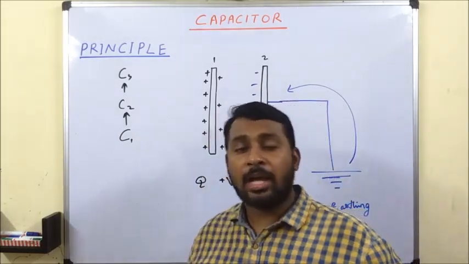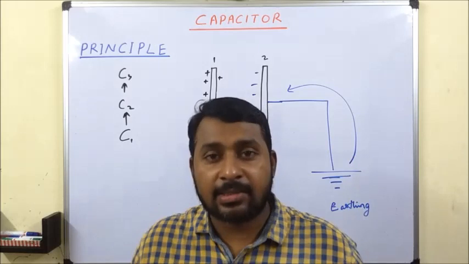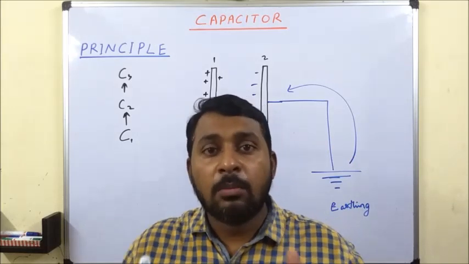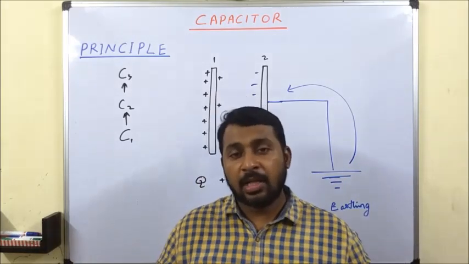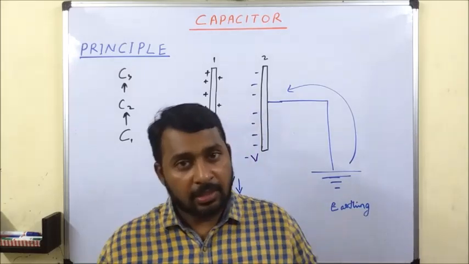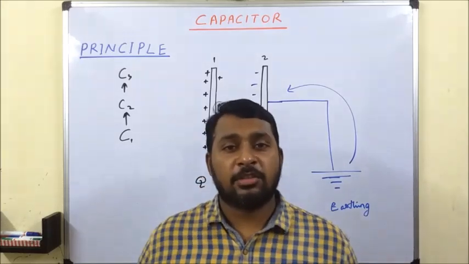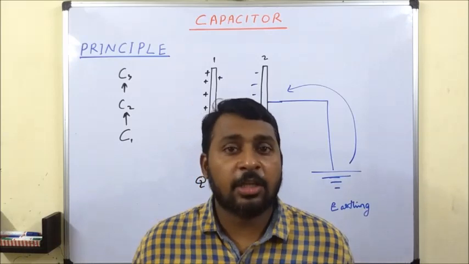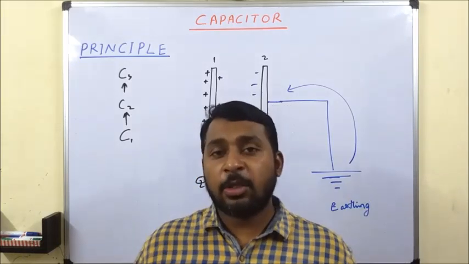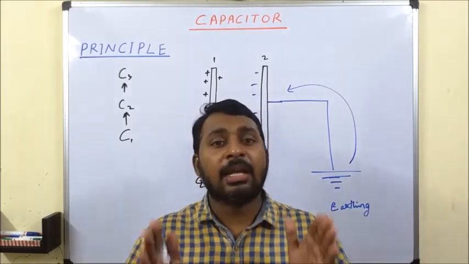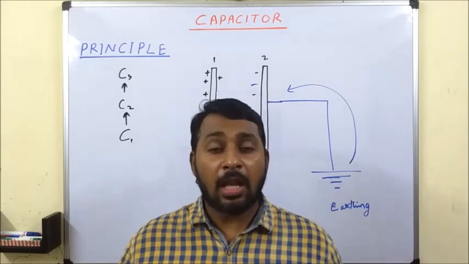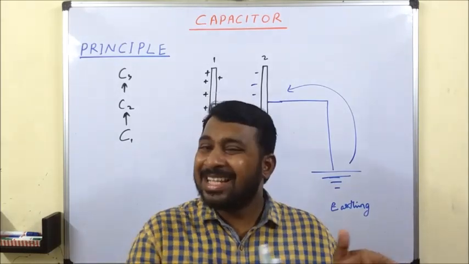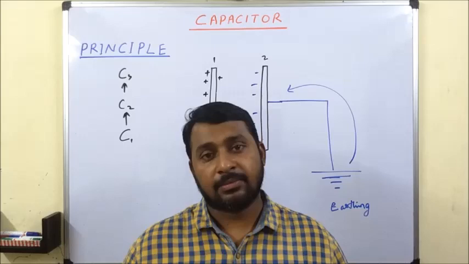So it's better to have two plates to store more charges. The next topic is the parallel plate capacitor. There are different types of capacitor, but the most commonly found is the parallel plate capacitor, which stores a larger amount of charge than a single conductor.